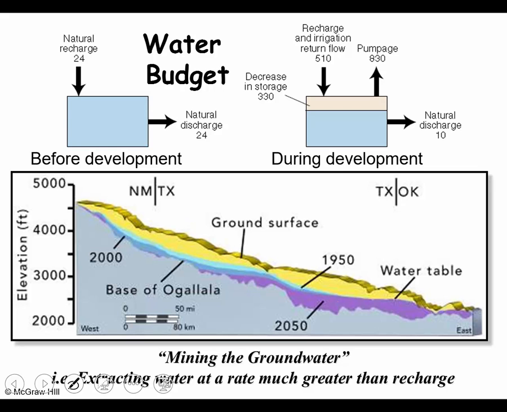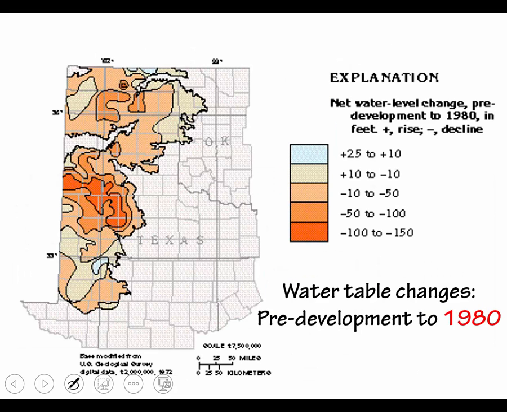Okay. Here was the base in 1950. The base predicted in 2050 is that the aquifer will be completely dry. Now, that seems a bit extreme. Let's look at what's actually happened. If you look at the water table drop before development to 1940, we're looking at 100 to 150 feet of drop.